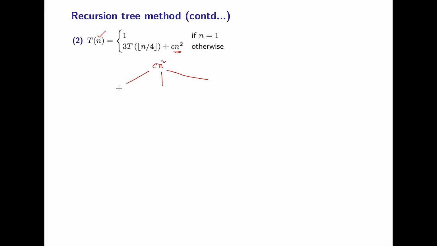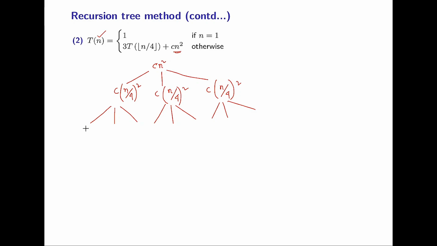So the cost here will be C (n/4) square, C (n/4) square, C (n/4) square. Now again, each will be broken into 3 subproblems. Here, now we need to count the cost at this node.